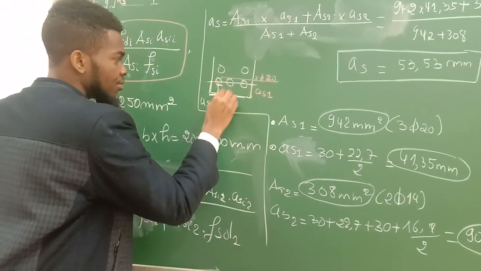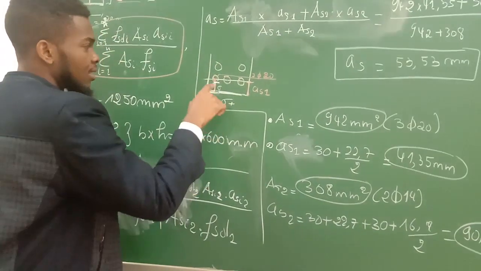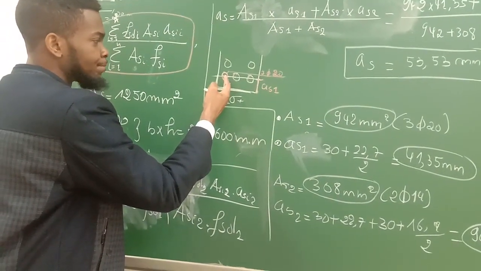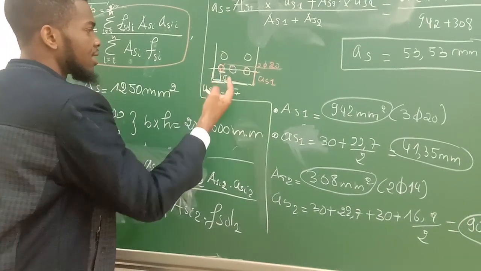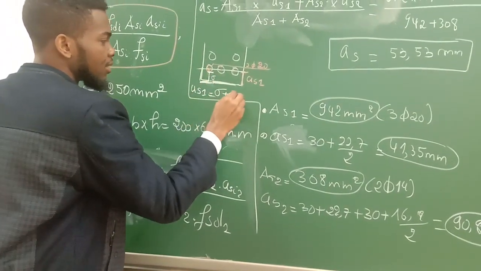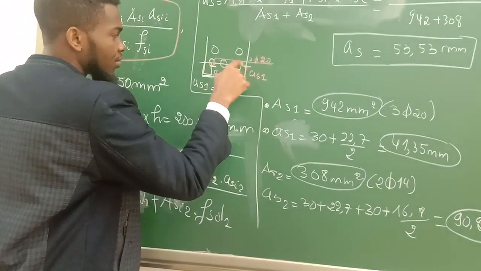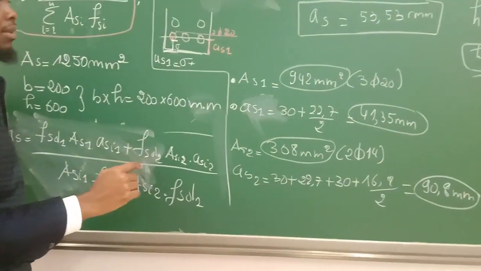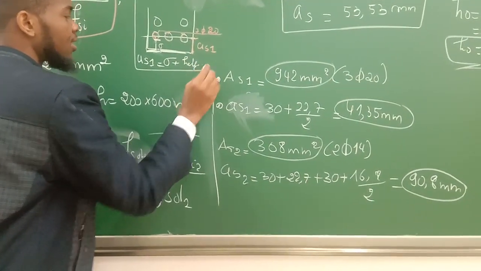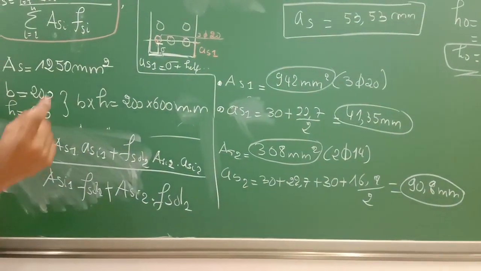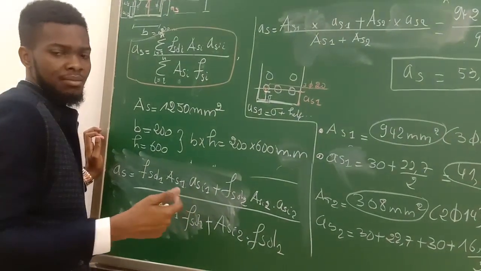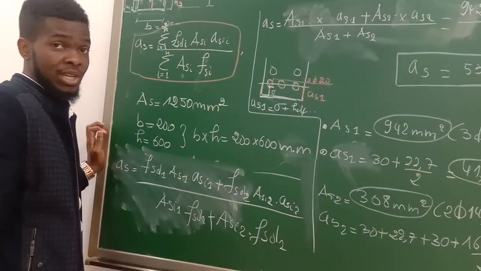This distance sigma plus half of the diameter of the steel. But we know that when the steel is in the beam, the calculation will not be exact, but in the book we can find the value.